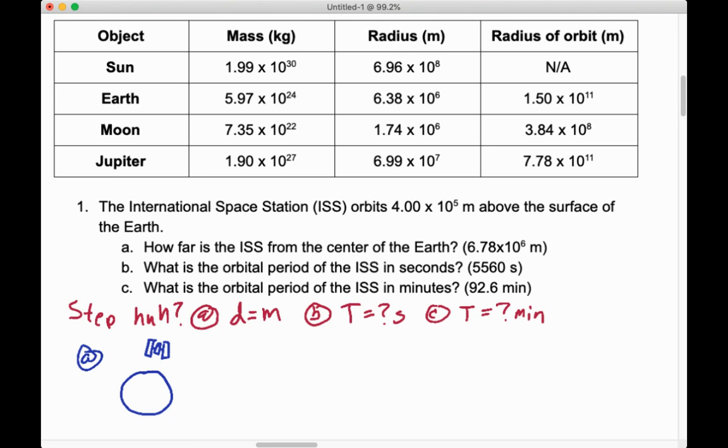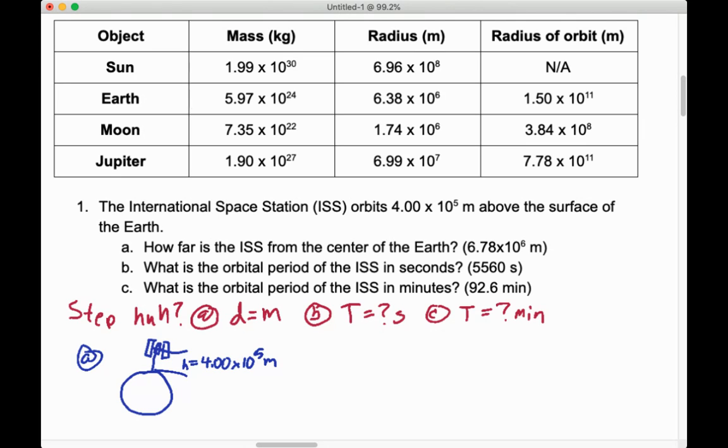So this orbits 4.00 times 10 to the 5th meters above the surface of the Earth, which means the distance from here to here, I'll call that the height. So the height is equal to 4.00 times 10 to the 5th meters.